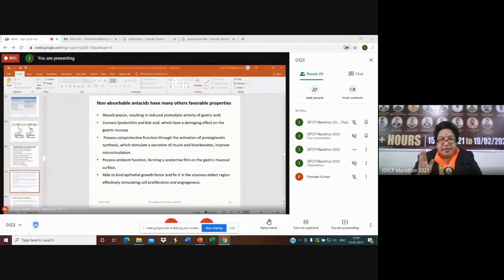For example, magnesium hydroxide is a fast acting antacid with aluminum hydroxide, which is a slow acting antacid. Magnesium and calcium containing preparations, where one is laxative and the latter, calcium, is constipative in nature.